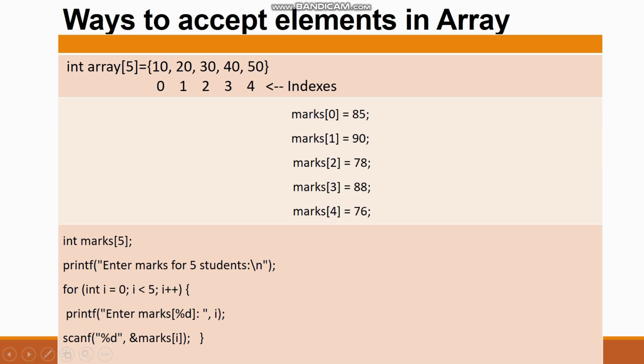Then you have another type which is very, very important and which should be known to each and everyone. This is known as user defined values. That means you can accept the values from the user. The main important part here is the last line, the scanf statement, and you have to use the for loop to accept the values in the array from the user.